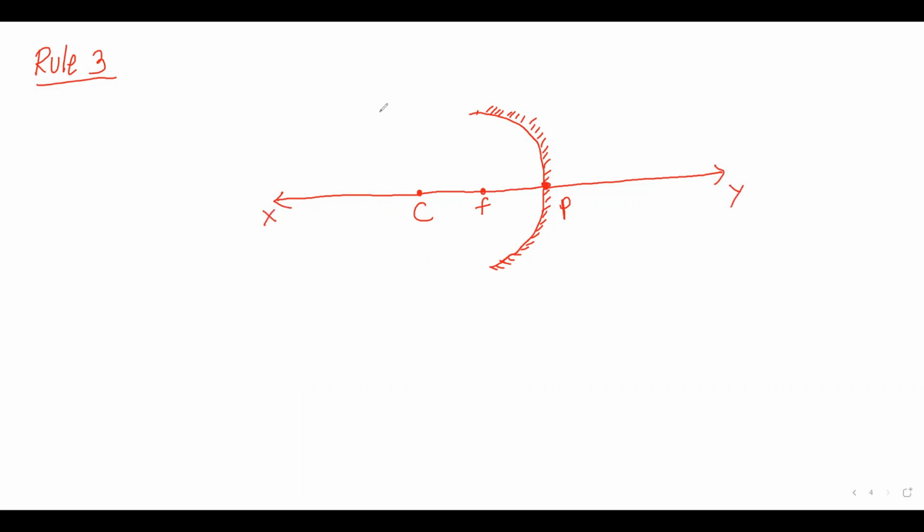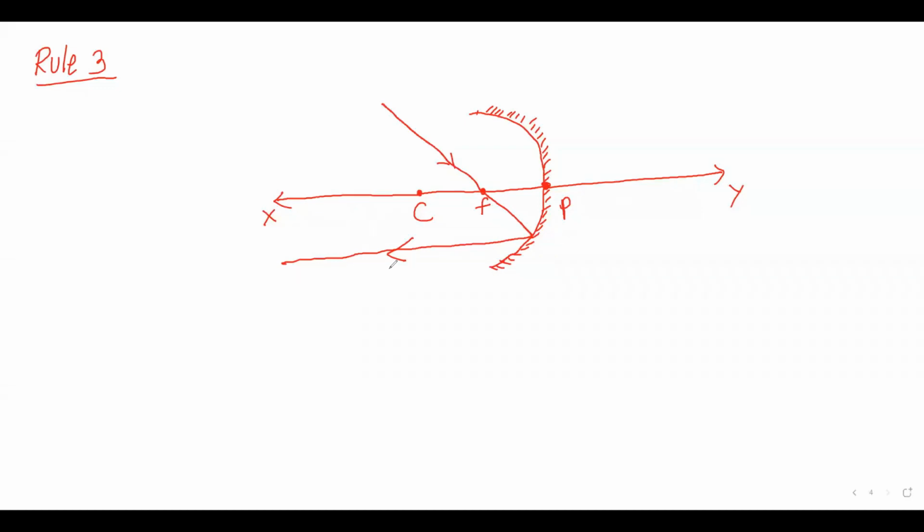A ray passing through the focus, after reflection, will become parallel to the principal axis. Any ray passing through the focus, after reflection, becomes parallel to the principal axis.